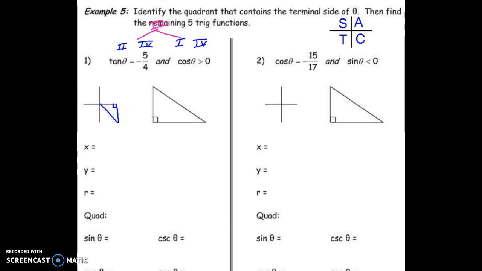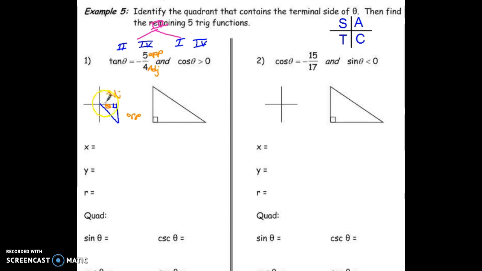Now my reference angle will be this angle right in here. And I also know that tangent is the opposite over the adjacent. Well, opposite would be this side, and the adjacent would be this side.